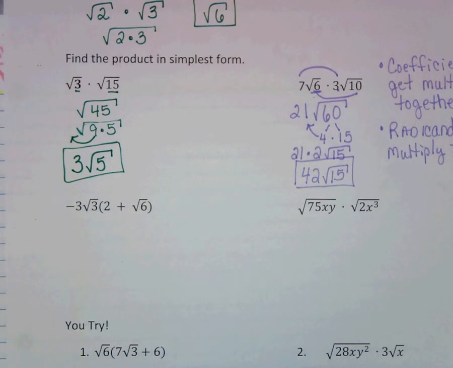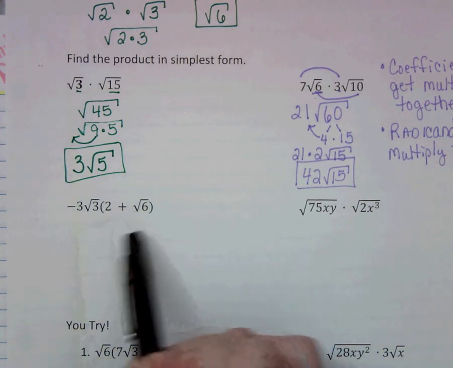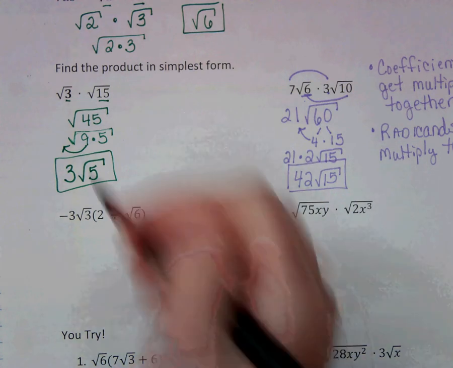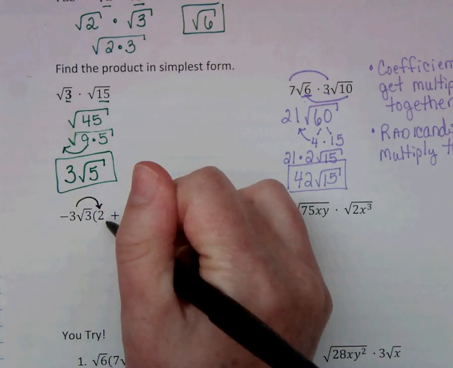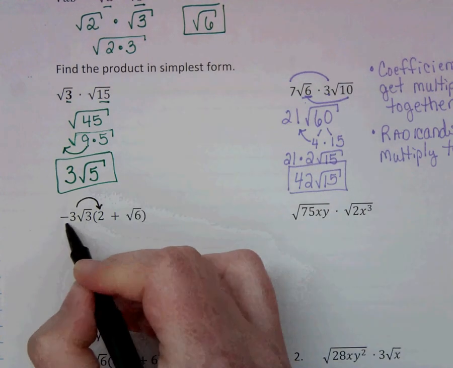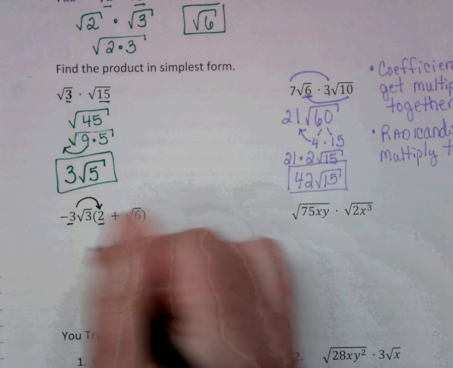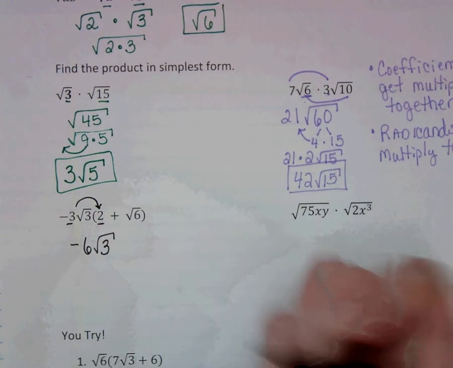Okay, this one has a monomial times a binomial, and we have parentheses. So I hope everyone's first instinct here is, hey, we've got to distribute. Doesn't matter that 2 doesn't have a radical with it. I'm just going to say negative 3 times 2, which is negative 6, and then we're just going to tack on the square root of 3.